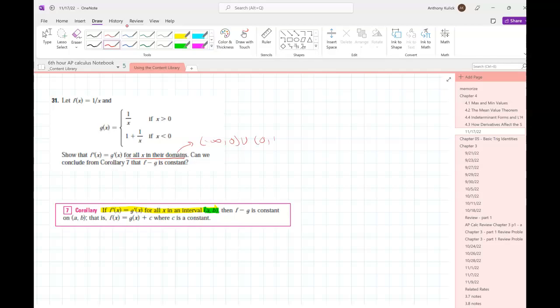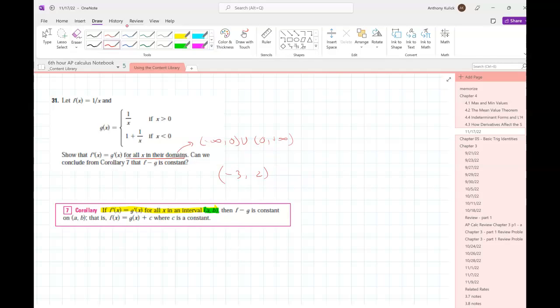Everything except for 0, right? So if I pick, say, the interval -3, 2, that's not true, right? Corollary 7 wouldn't hold because at 0, they're not equal. They're undefined. So that's the hitch, okay?